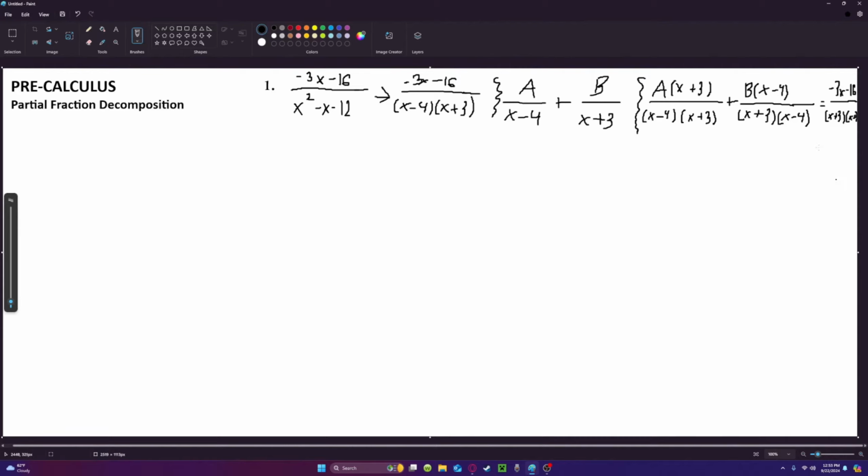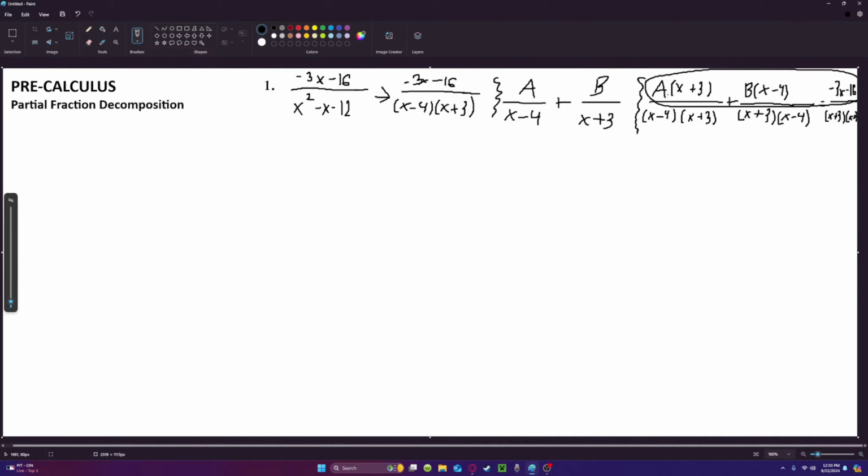So now on all the denominators, you can notice that we have the x plus 3, and also this is obviously just this. So now that we have all the denominators the same, they all have x minus 4 times x plus 3. Once you have the denominators the same in adding or subtracting fractions, all you need to worry about is this top part, because the denominator stays the same.